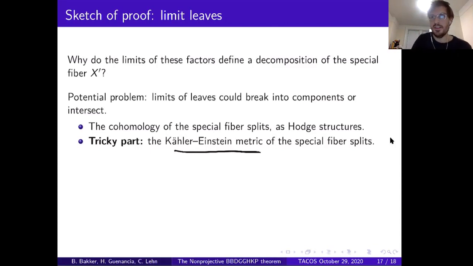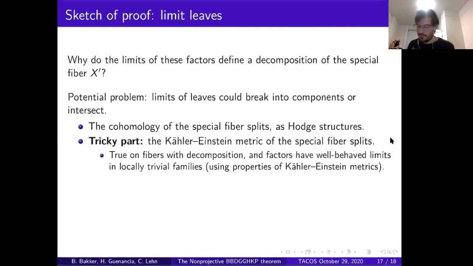This is probably the most subtle part of this argument. You have to actually get into what the Kähler-Einstein metric looks like and what its properties are. Very naively, the point is that this is true on the nearby fibers, and because these Kähler-Einstein metrics have nice potentials, it makes sense to take their limit in a locally trivial family. So it's crucial that we're taking a locally trivial family.